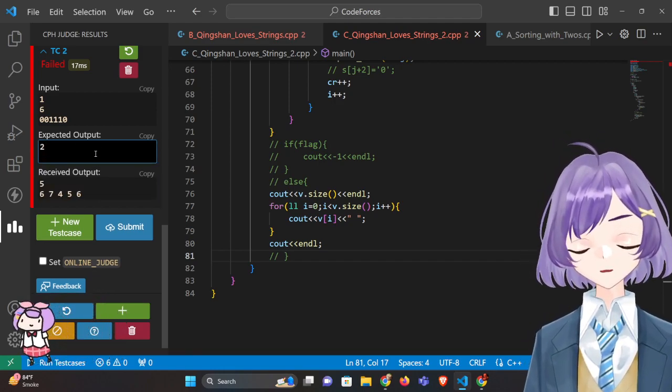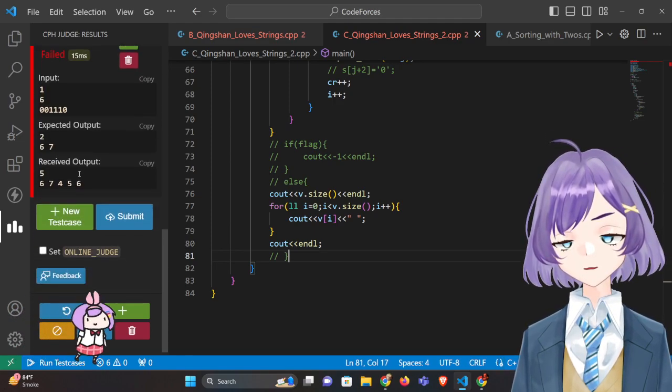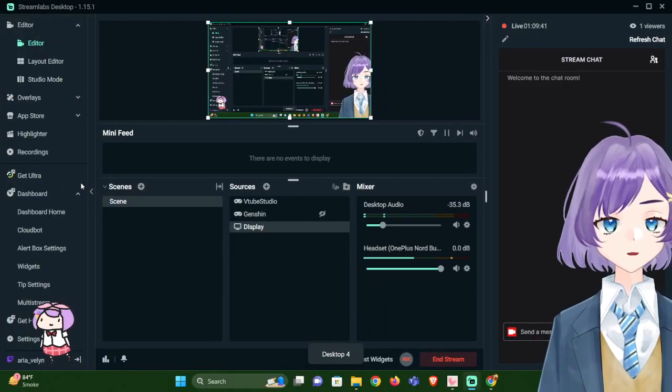But the answer would be just 2, 6, and 7. Why is there a 4, 5, 6? There is no need for that.